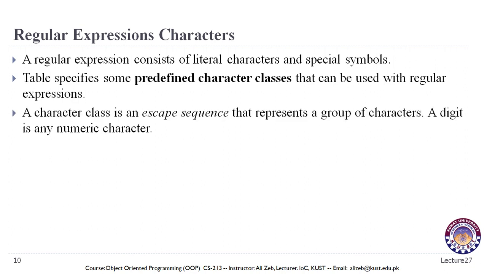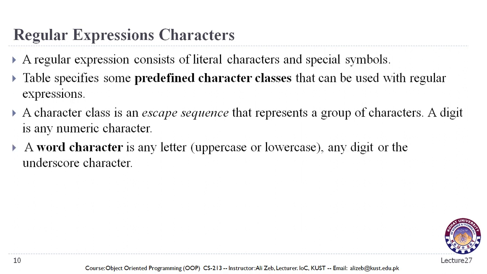A character class is an escape sequence that represents a group of characters. A digit is any numeric character, as we will see in the next slide. And we saw in the example as well that for a digit we use the \d that would represent any digit. A word character is any letter, uppercase or lowercase, any digit or the underscore character.